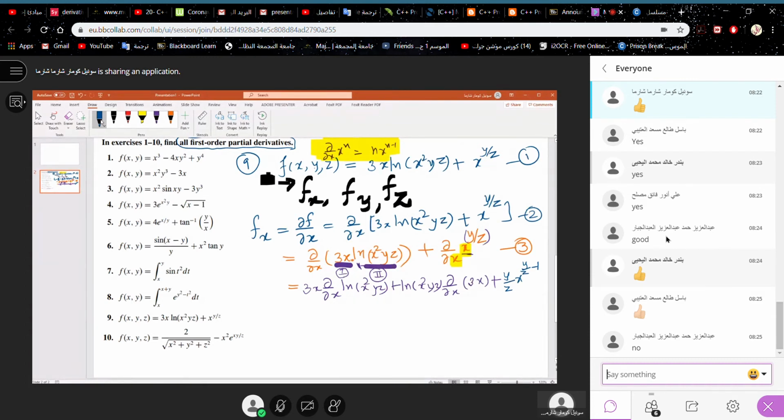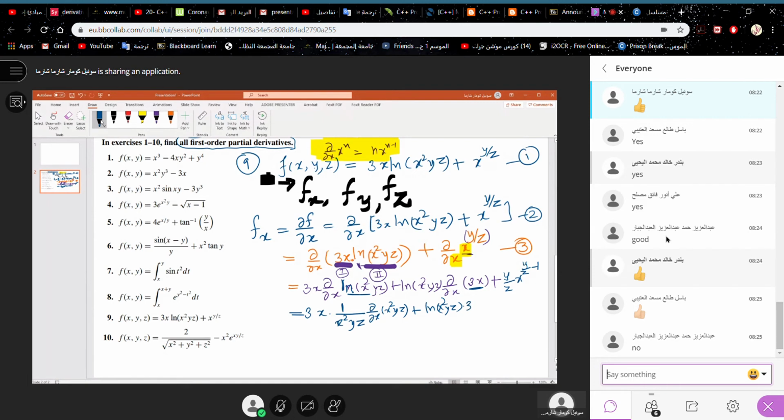Now see 3x. Here this is ln. What is this function? ln. So derivative of ln is how much? 1 upon x square yz into derivative of x square yz plus ln(x square yz) into derivative of 3x is how much?